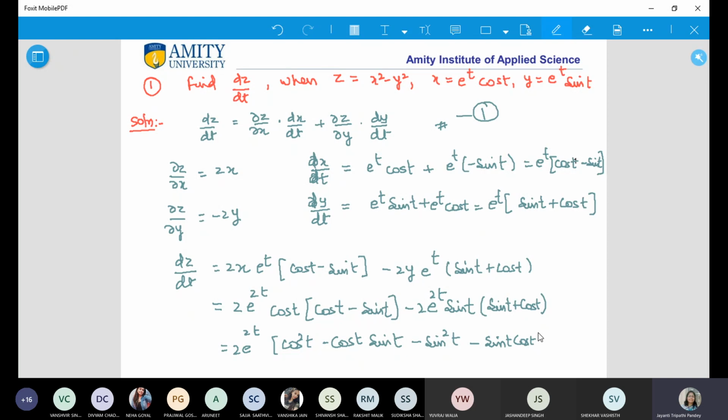I don't think it is cancelling. Just check. Actually, you are getting like this: 2e to the power 2t. Now cos square t minus sin square t is cos 2t. Okay, ma'am, my bad. I didn't see the minus 2y sign. Yes, so you are getting this actually. Yes, ma'am, tallied.